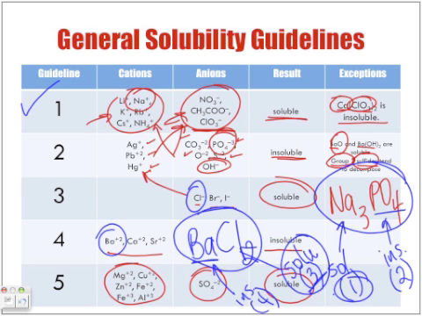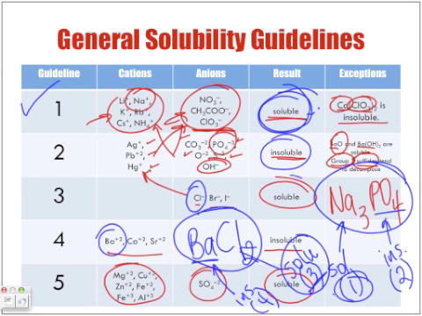So you look at your compound and try to figure out which of the guidelines the ions belong to. Even though you have any one of these to dissolve with one of these, because this is higher up in the guideline, they're going to be all soluble.